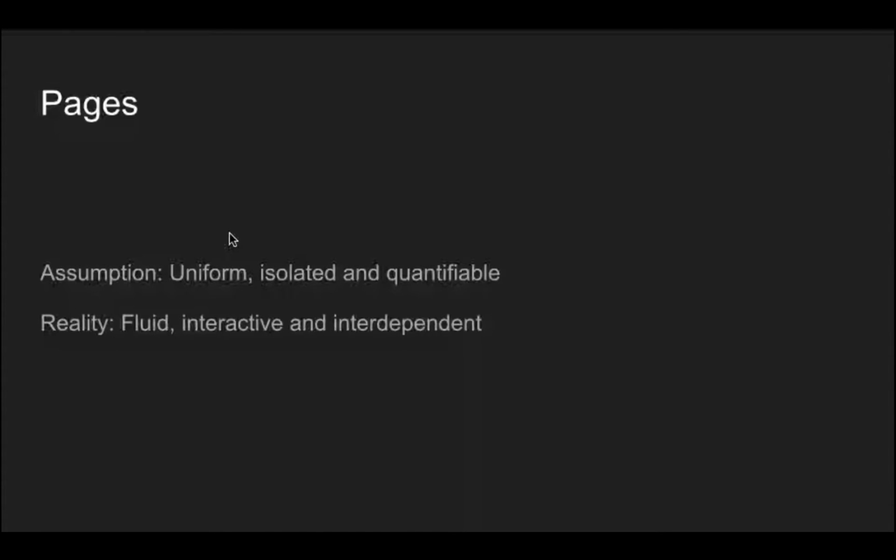Say if someone asks how much time it would take to build a page: if it's just a normal page, say with a background or a title, it's pretty straightforward. But if it involves a carousel or various other components, it's going to take a lot of time. So the term page itself isn't so reliable here.